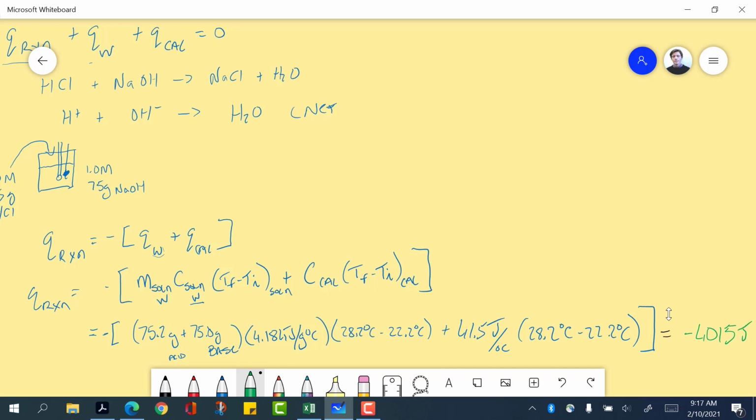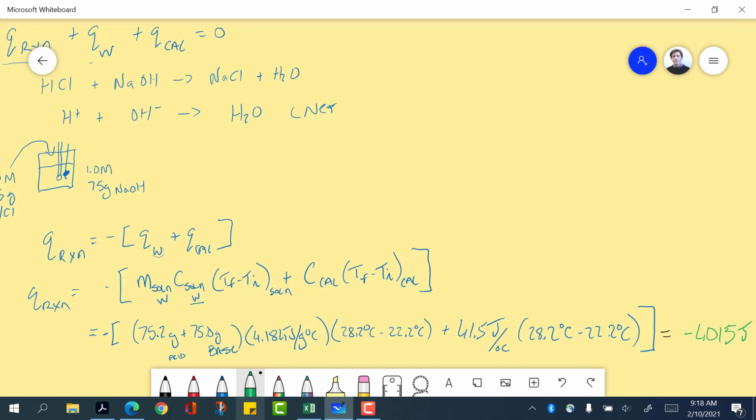So when units cancel out, you should be left with joules, and you can convert that to kilojoules. It's minus 4.015 kilojoules. And that is the enthalpy for an acid-base reaction.